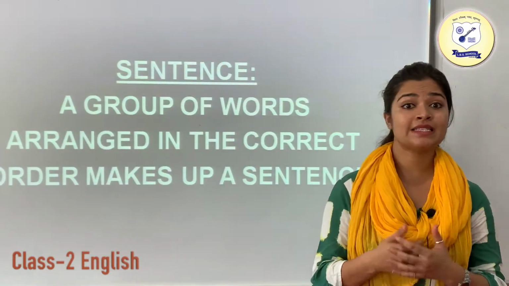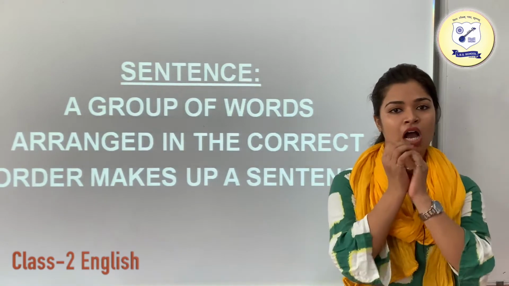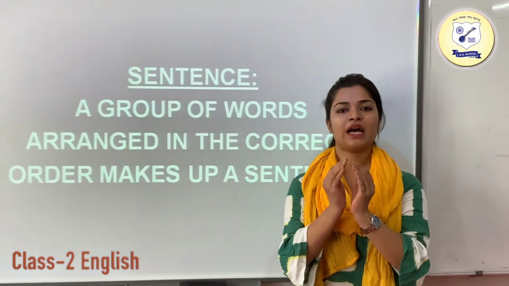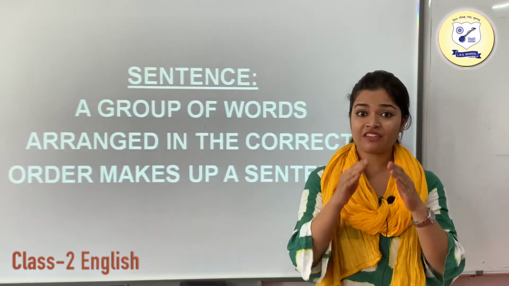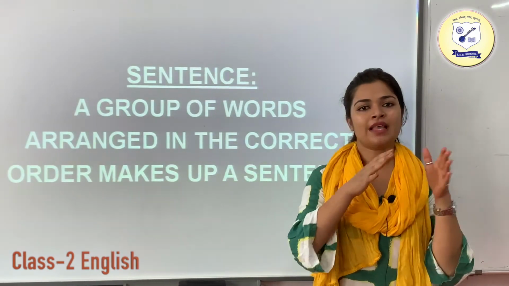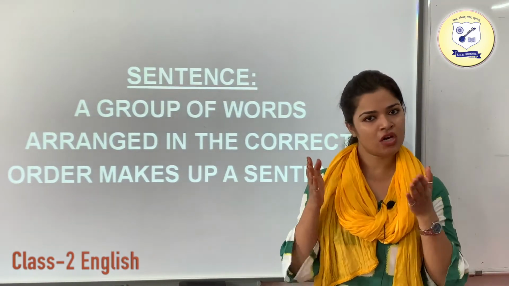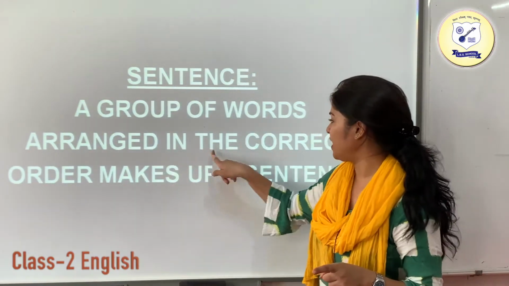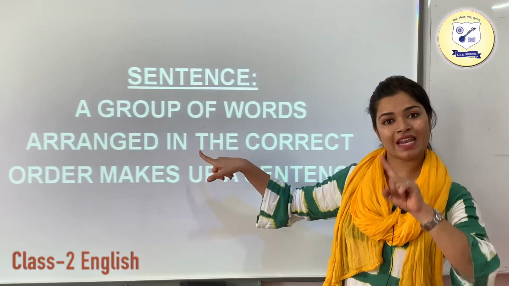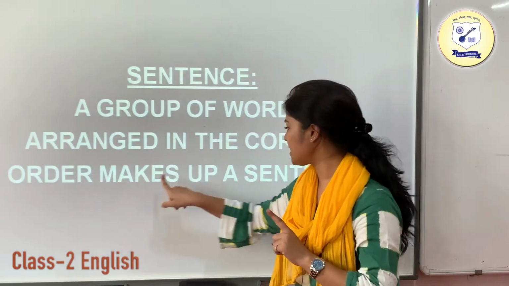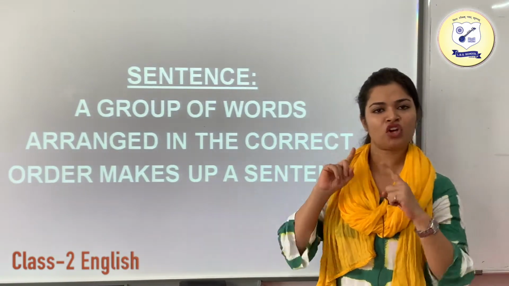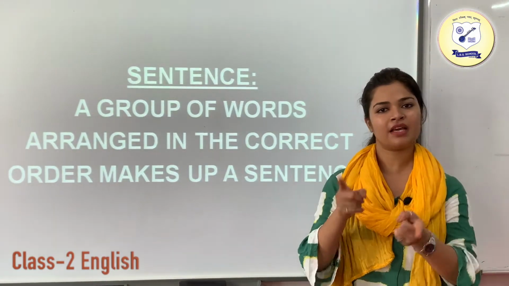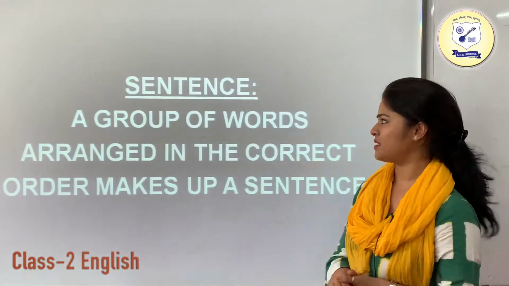Similarly, what we have learned is that a sentence is a group of words arranged in a proper way. If the group of words is arranged in the correct order, it makes up a sentence.